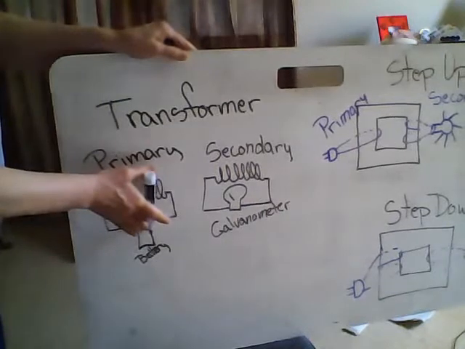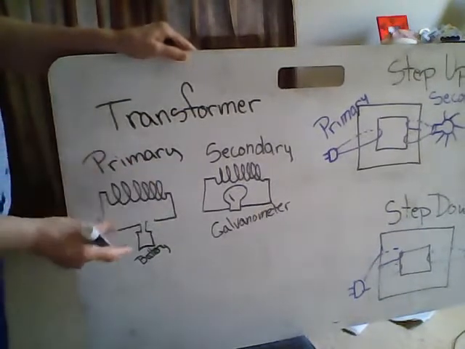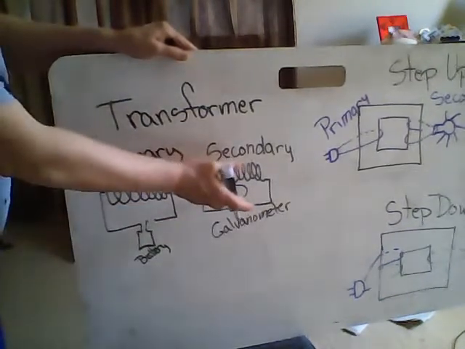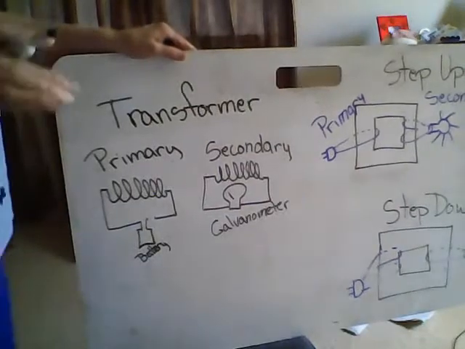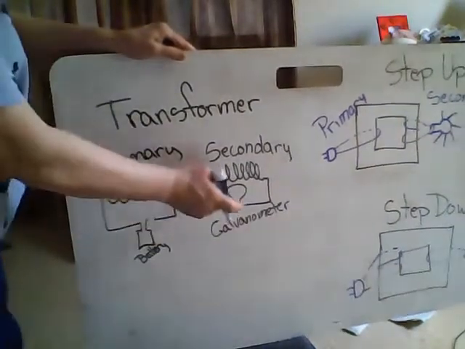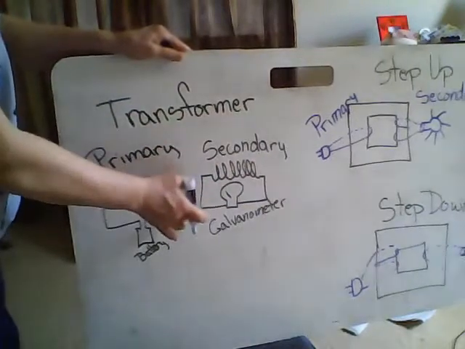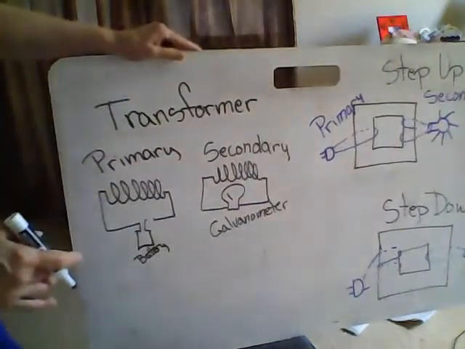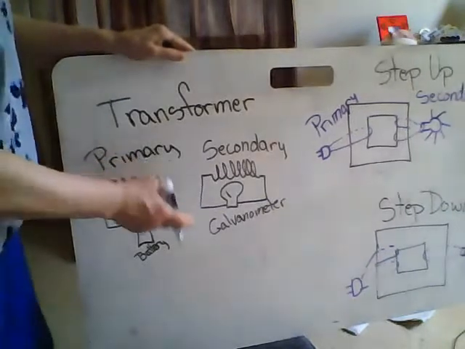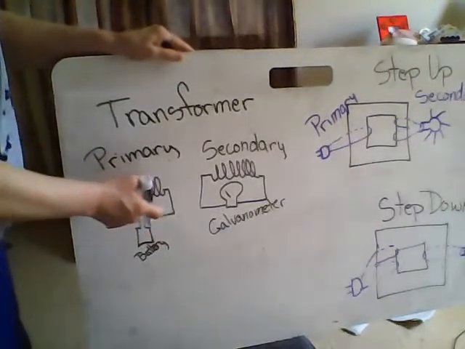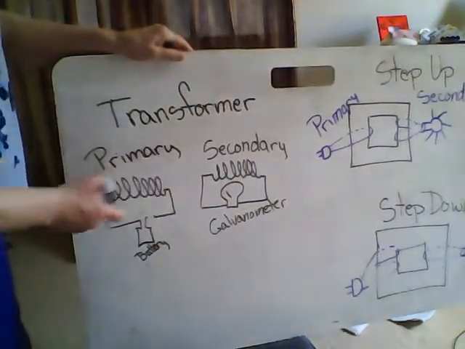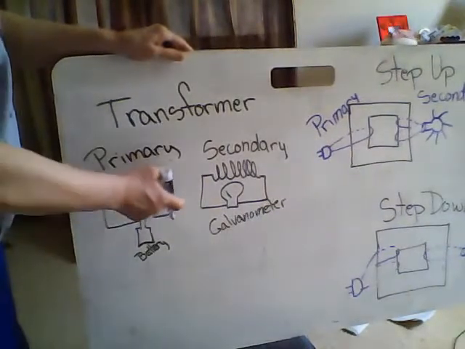If you turn it off, again, it's going to produce a voltage. Momentarily, it's producing a voltage in the secondary set of wires. Because we're turning it off, it's changing the direction of the current.